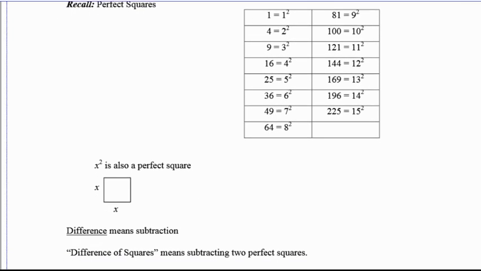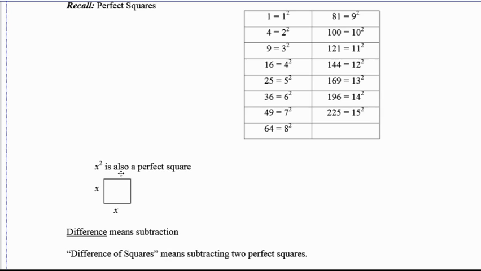Also, a perfect square is just like what it sounds like, a square that is perfect. You can't have an imperfect square. Squares are always the same width by the same length. So the difference of squares means that we're subtracting.